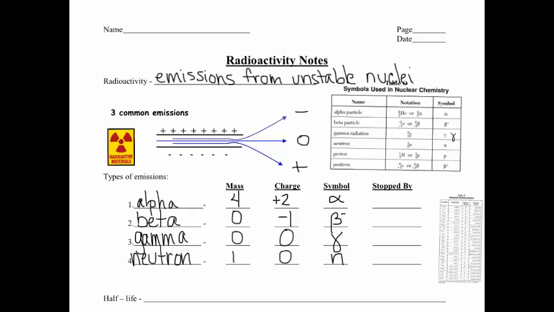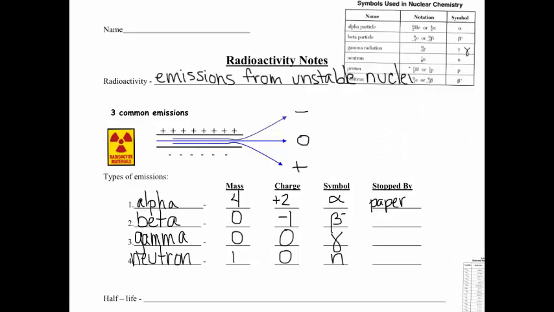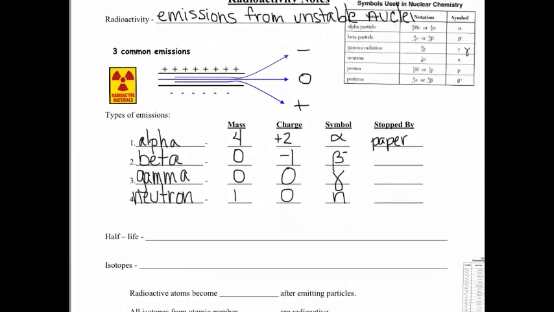Alpha particles, we said, were relatively large particles. It's not going to take much to stop an alpha particle. In fact, you could use just a sheet of paper. A sheet of paper would actually stop an alpha particle. A beta particle is much smaller.